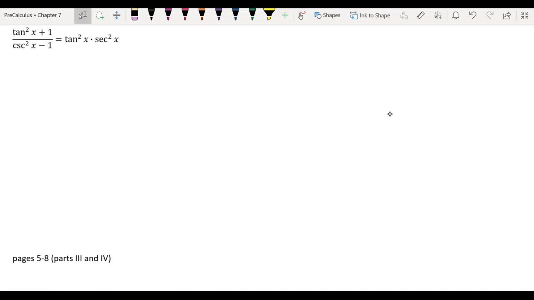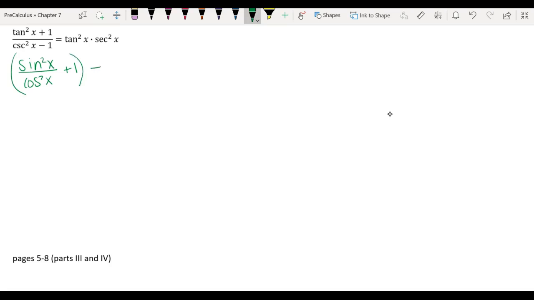So we want tan squared of x times secant squared of x. What should we do first? Flip tan into sine and cosine. What about that secant? Put it into cosine. And so we're going to have sine squared of x over cosine squared of x plus 1.